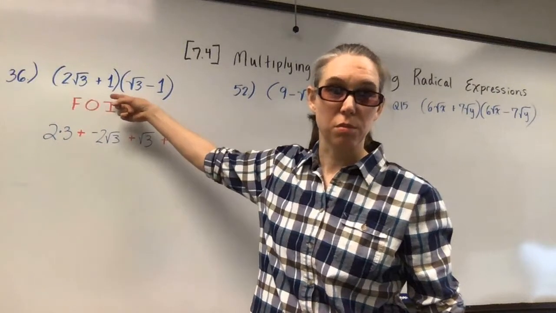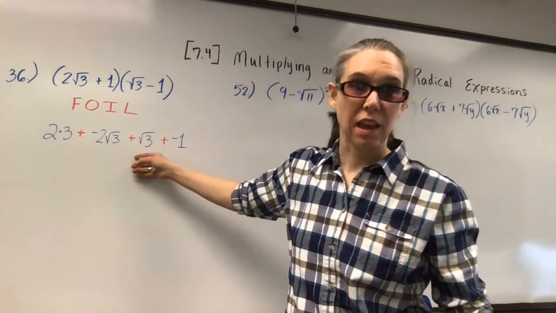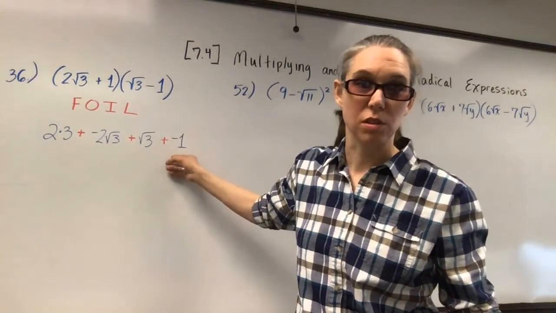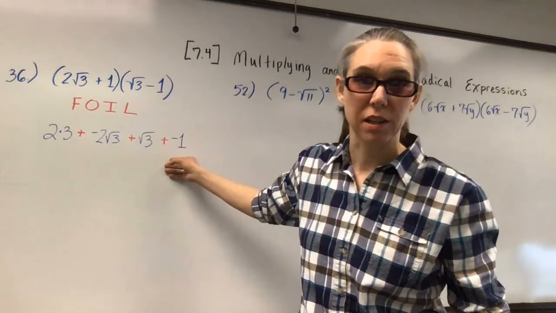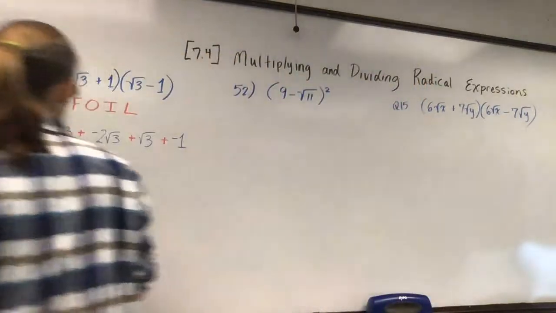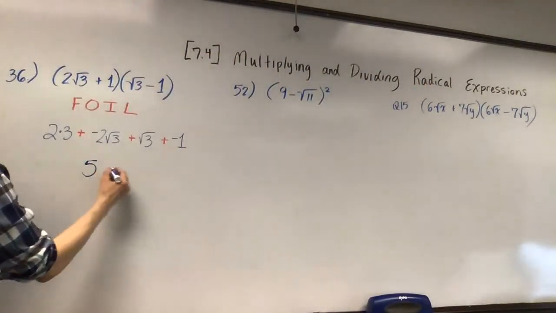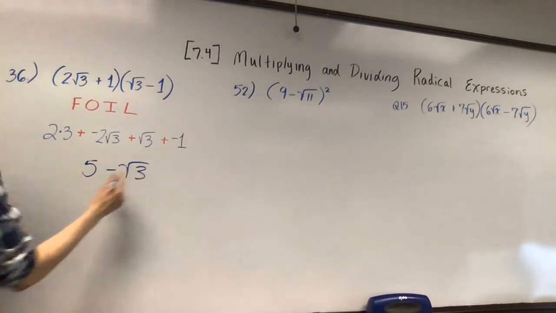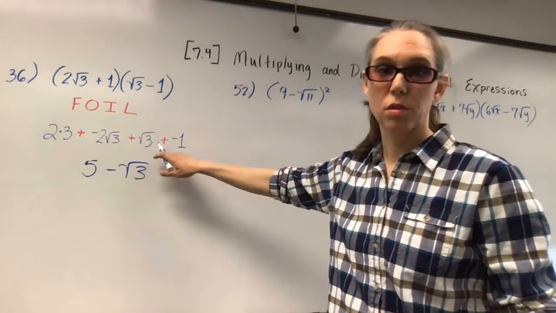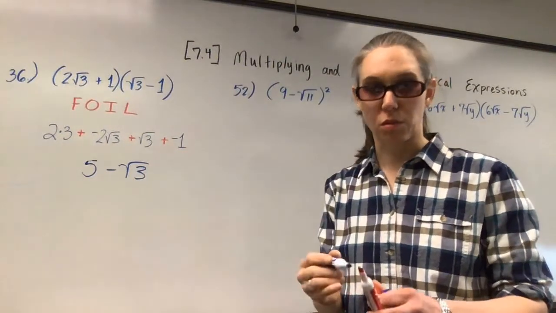Inner is 1 plus root 3, and last is 1 times negative 1, which is of course negative 1. So now I'm going to combine like terms. Here I have 6 and negative 1. And then negative 2 root 3 plus a 1 root 3 is a negative root 3.